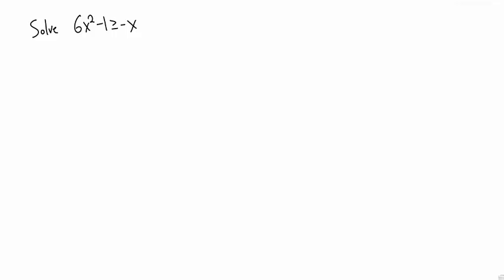Let's solve this inequality. So we see that we can rewrite the inequality so that we have a quadratic polynomial in standard form on the left-hand side and 0 on the right-hand side, like that.